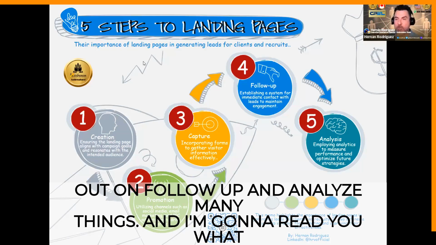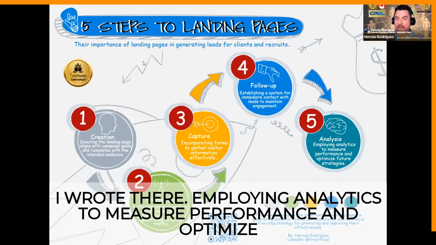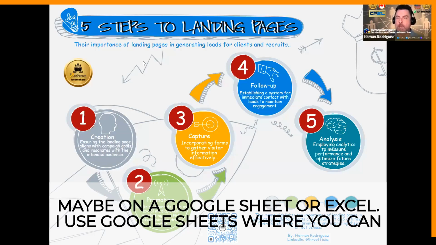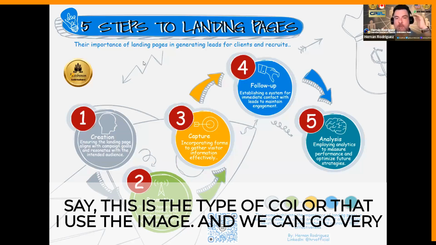I'm going to read you what I wrote there: employing analytics to measure performance and optimize future strategies. We have to have some type of checklist as well, maybe on a Google Sheet or Excel. I use Google Sheets, where you can say, this is the type of color that I use, the image, and we can go very granular.